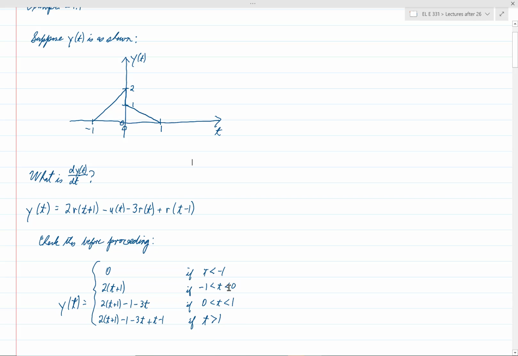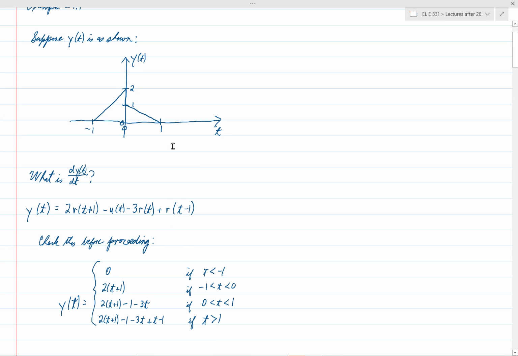So that's all we'll have for -1 less than t less than 0. But then as we continue to move and get between 0 and 1, 2 more terms will turn on. We still have the 2 times t plus 1 from the previous step. That's still turned on. But now we also turn on the -u of t, which gives us -1, and -3r of t gives us -3t. And that's valid for t between 0 and 1.